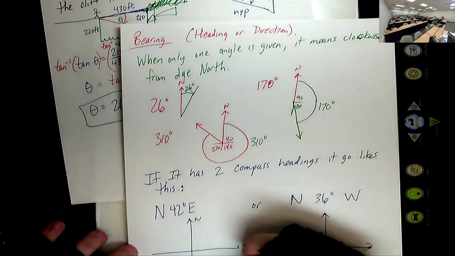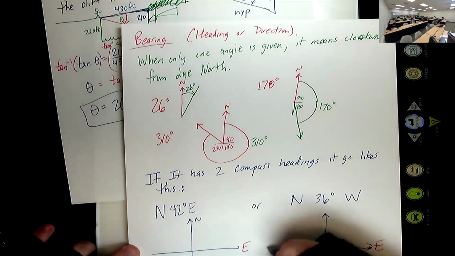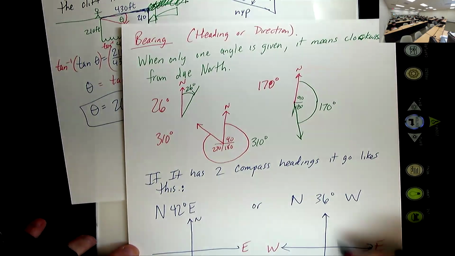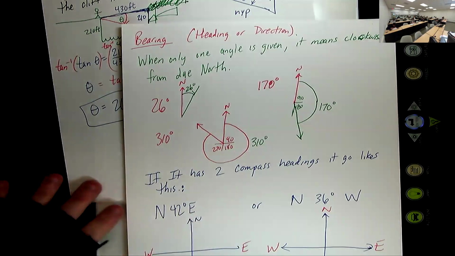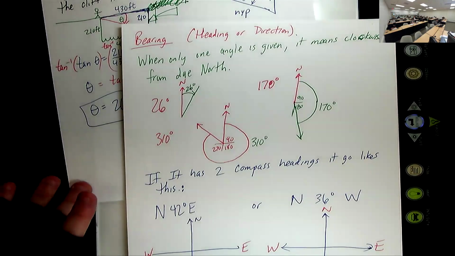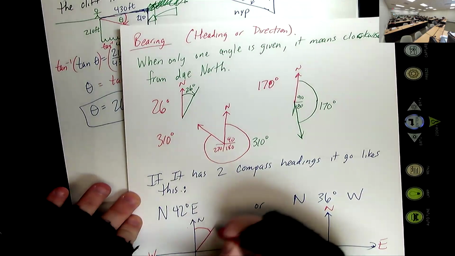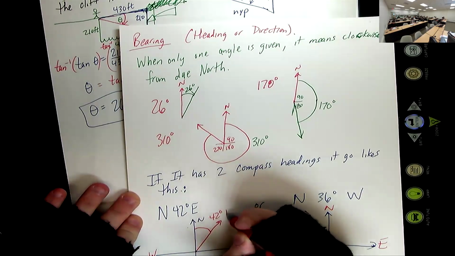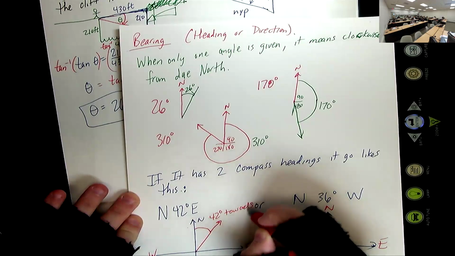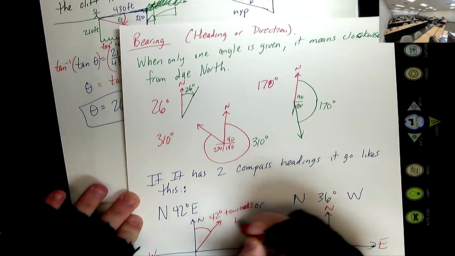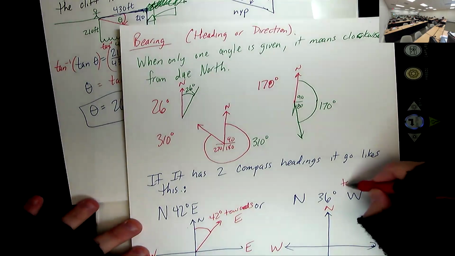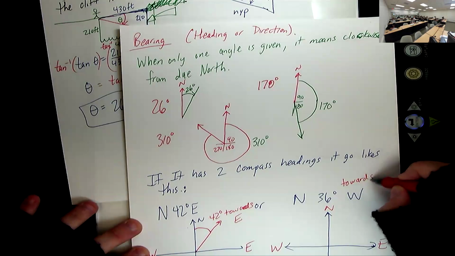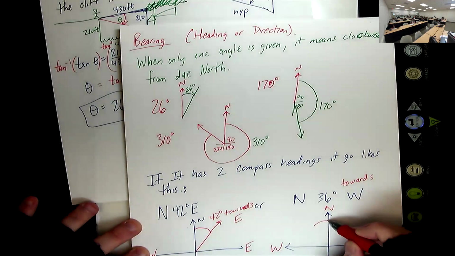East is to the right, west is to the left, south is bottom. So it means start north and go 42 degrees rotated towards the east. This is like north 36 degrees towards west, so we would go 36 degrees that way.